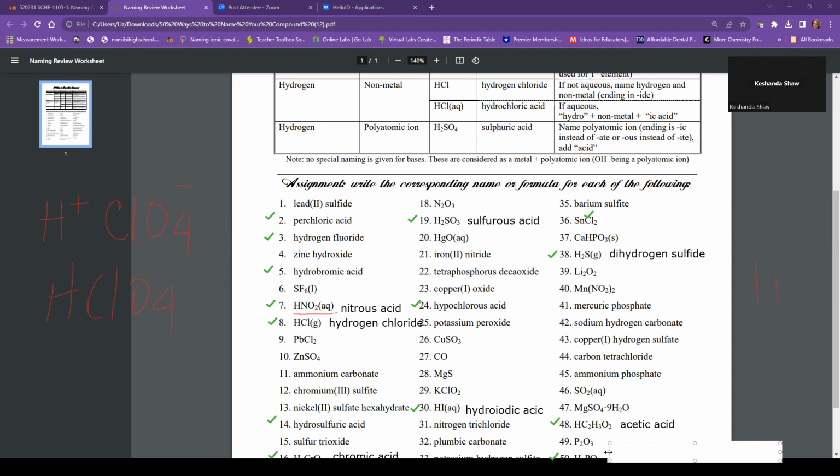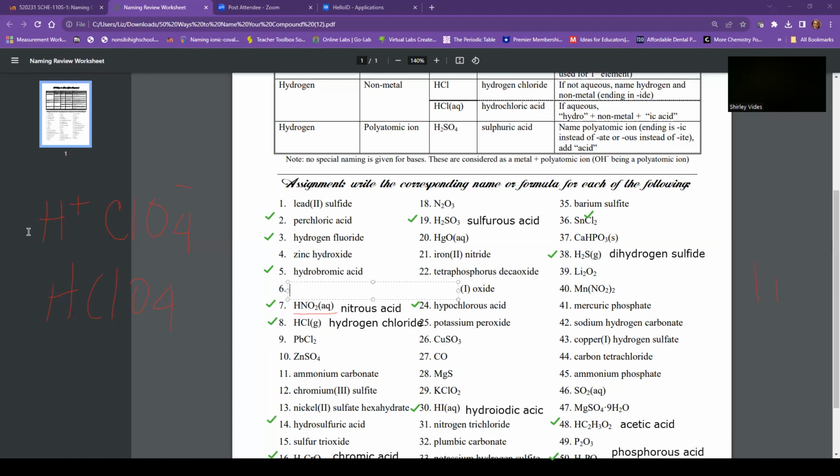Oh, phosphite. Okay, so phosphite, take the ite ending and put phosphorous acid. See, they're pretty simple as long as you learn to recognize them. Once you recognize them, you know who they are.